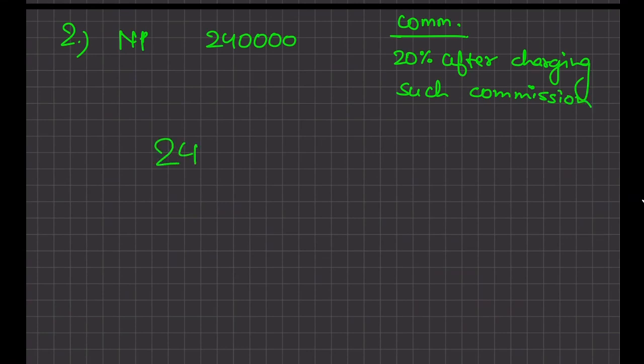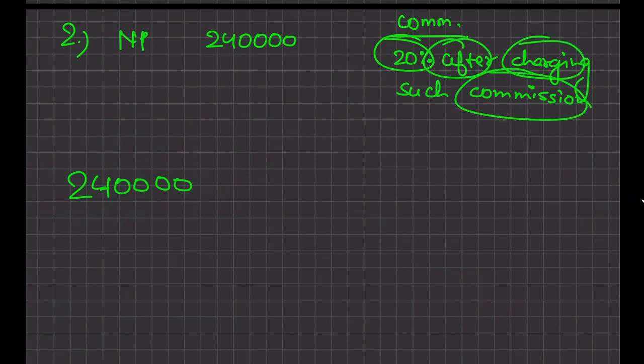You have 2,40,000 rupees of profit, but I want the commission of 20% after charging that commission amount. So if I say the commission amount is X, what would be the amount after charging the commission? It would be 2,40,000 minus X.